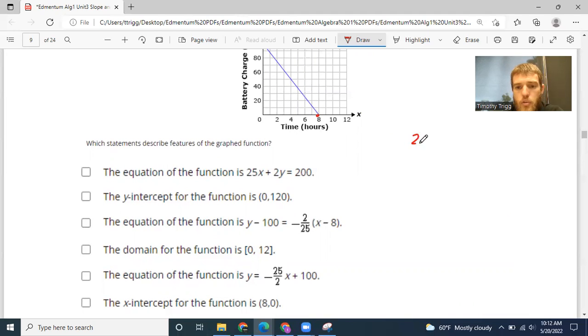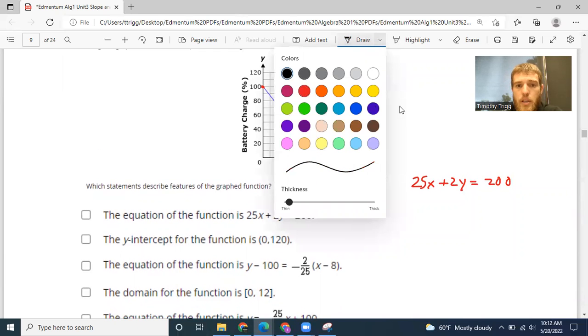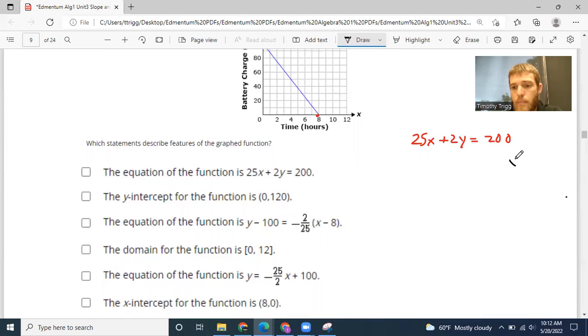Okay, so this 25x plus 2y equals 200. Let's see if this one has the correct x and y intercepts. So what we can do to find the x and y intercepts is make a t-table, right? So for our x-intercept, we replace the y with 0. For our y-intercept, we replace the x with 0.